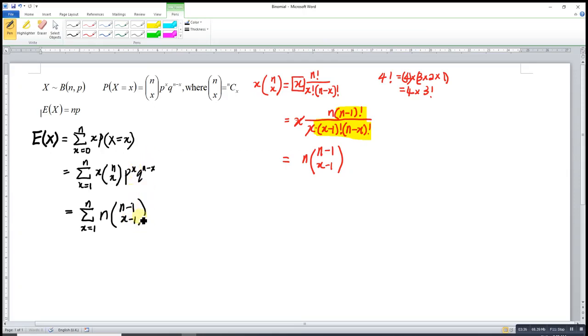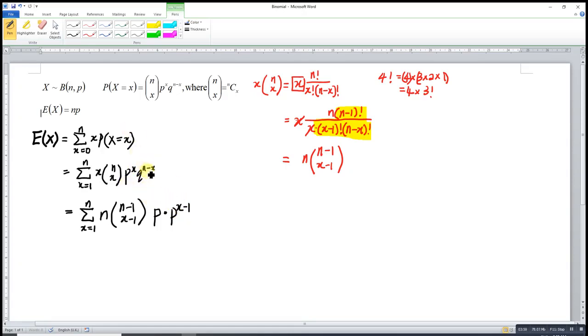In order to have the same pattern x minus 1 for the power of p, I will have p times p to the x minus 1, so we have the power 1 plus x minus 1, so we get back x, exactly the same.